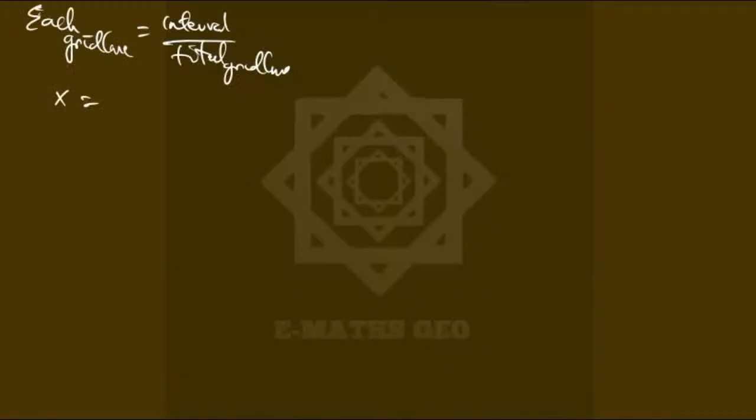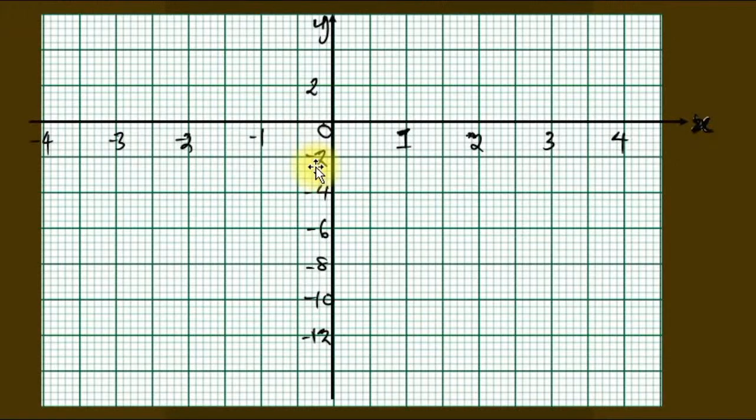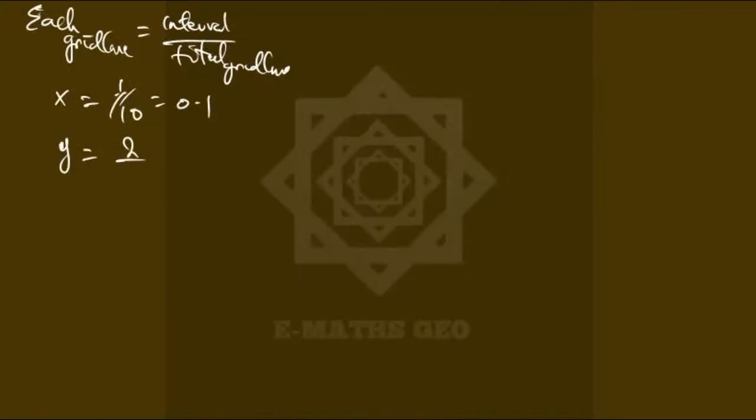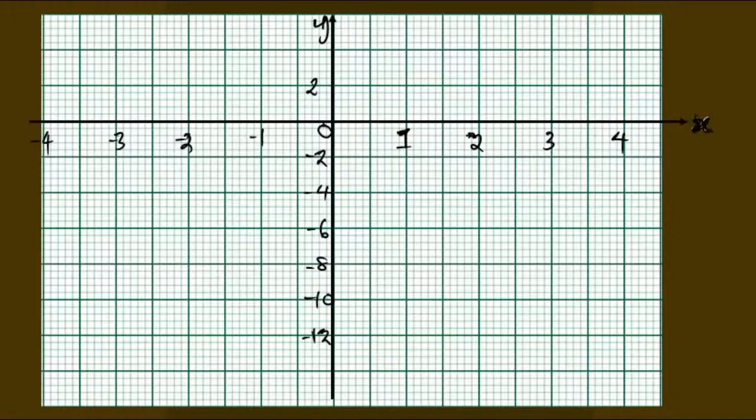Each grid line for x is 0.1. For y, we are moving in 2s, and we have 5 grid lines, so 2 over 5. Each minor grid line for y is 0.4.